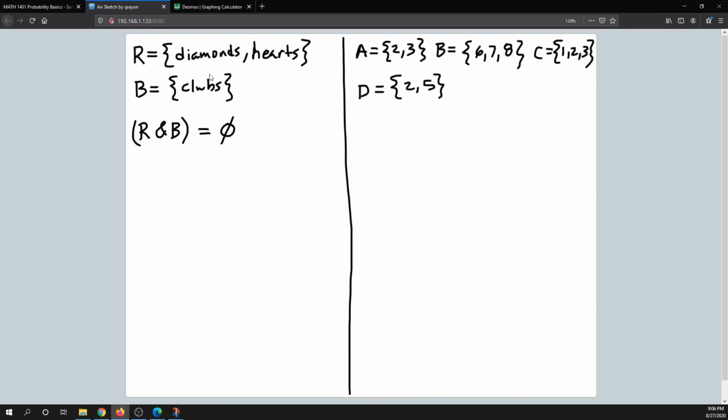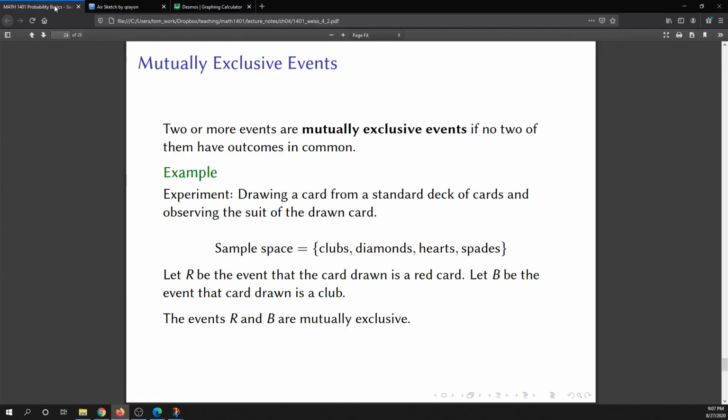There are no outcomes common to these events, and if that's the case, then we say that R and B are mutually exclusive. Another way of saying they have nothing in common is that the intersection of the two events is the empty set. So that's the first example.